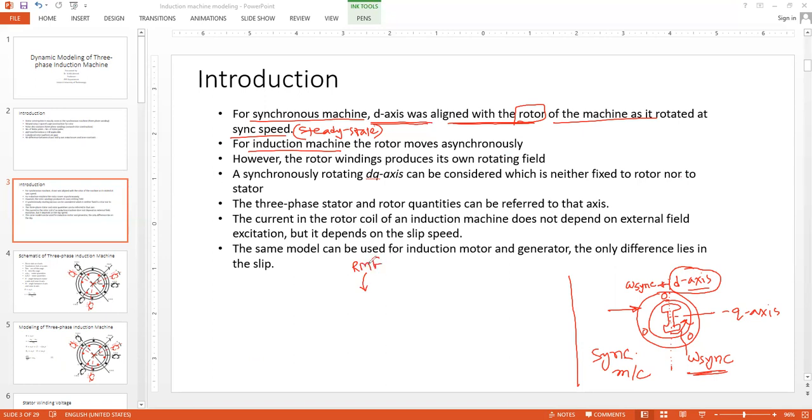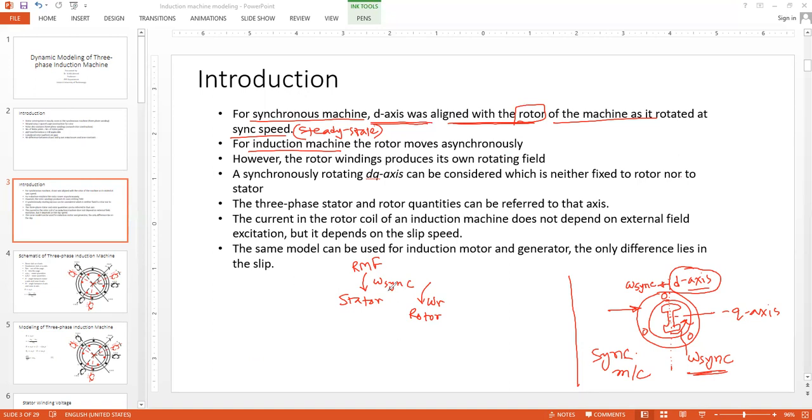Let me write again. We have got an RMF, rotating magnetic field, in the stator circuit, due to the supply in the stator circuit. The RMF is rotating at synchronous speed. The rotor is never rotating at synchronous speed. The rotor is running at some different speed other than synchronous.